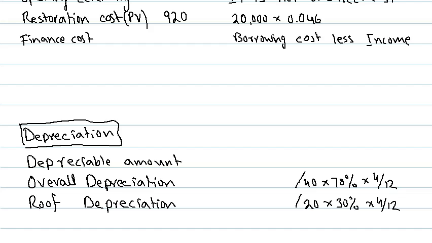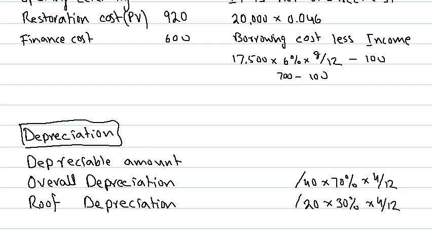Our borrowing cost is 17.5 million into 6% into how many months are from October to May? It is 8 months. 8 over 12, less 100. 1000. 700 less 100. Our finance cost is 600.